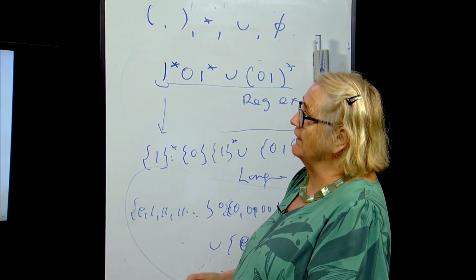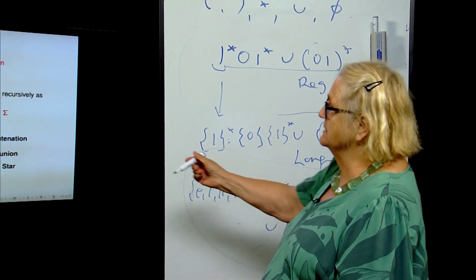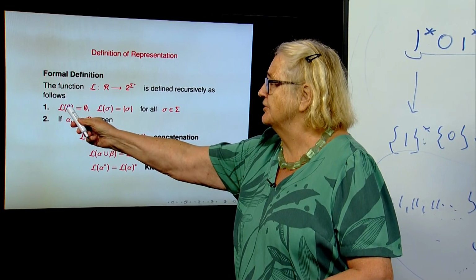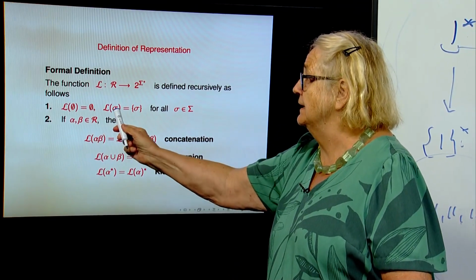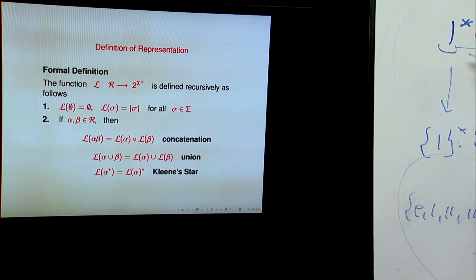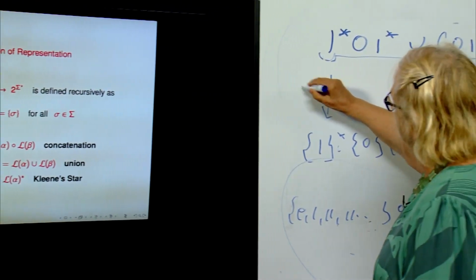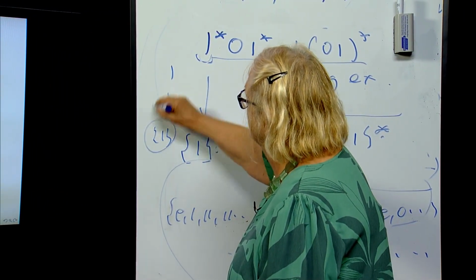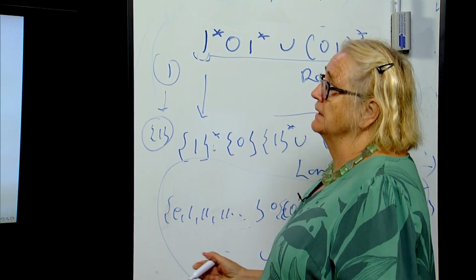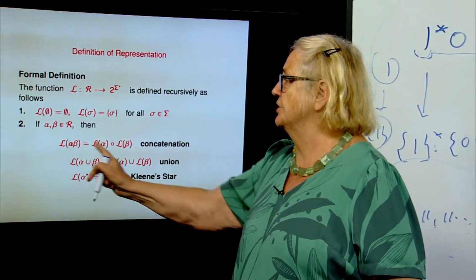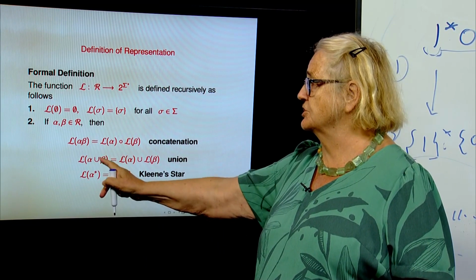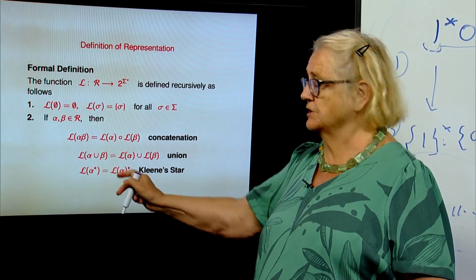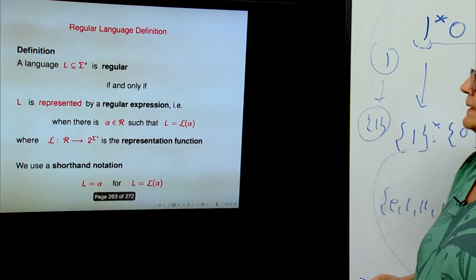And now you have a function which establishes that the regular expression is empty, sigma, sigma, so it means 1 becomes a set, right? And then concatenation here is concatenation of languages, the symbol of union here is union of languages, and Kleene Star is Kleene Star.